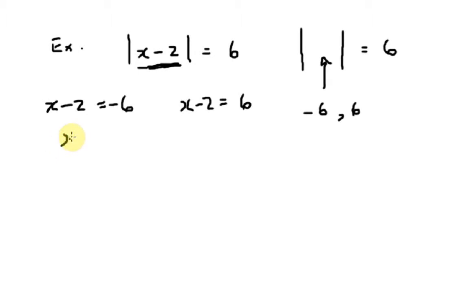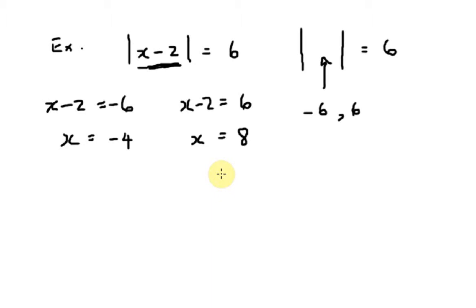So if I just add 2 to both sides, one solution is going to be negative 4. And I do the same thing over here. I add 2 to both sides. The other solution is 8. So that's my approach. Okay, so far so good.